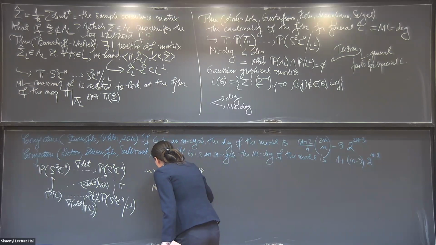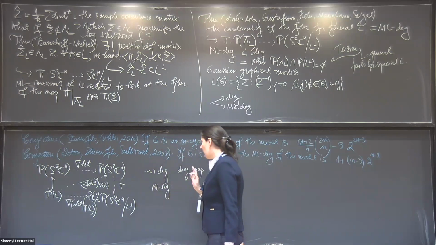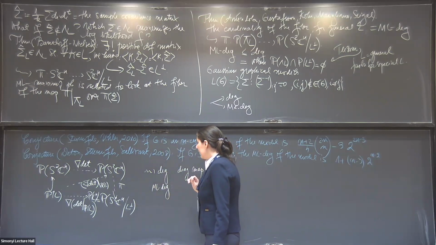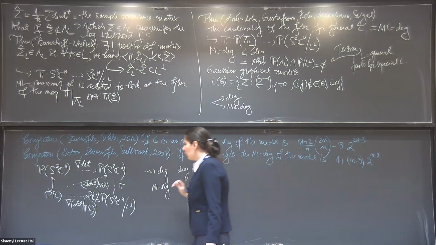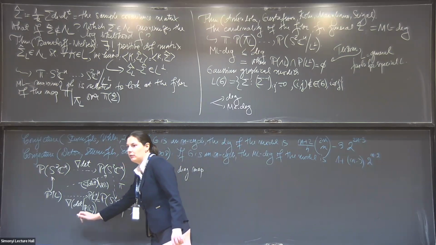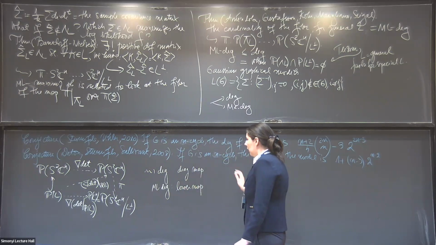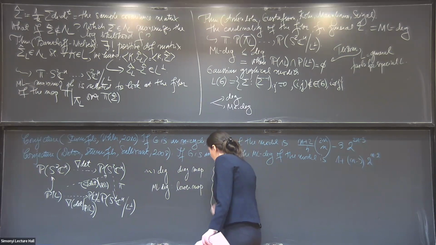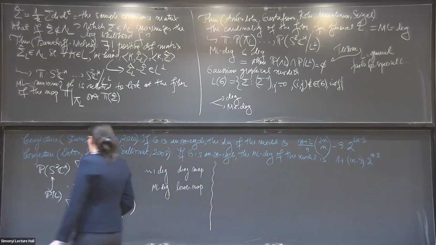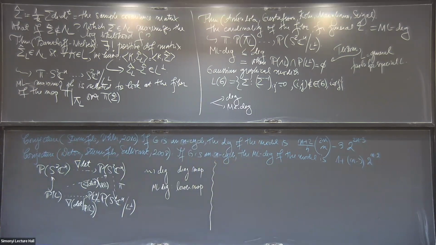And my ML degree, this is the last integer in the multi-degree of the graph of the lower map from our diagram. Good. I will not use these things, but I felt like it's really nice to see.